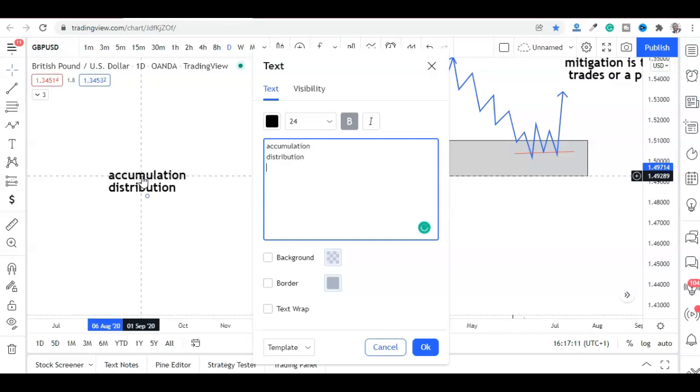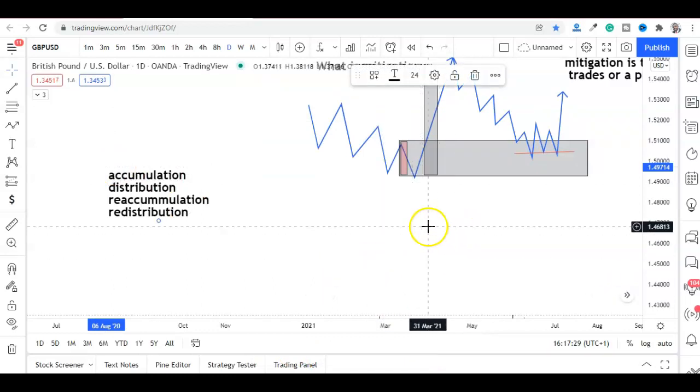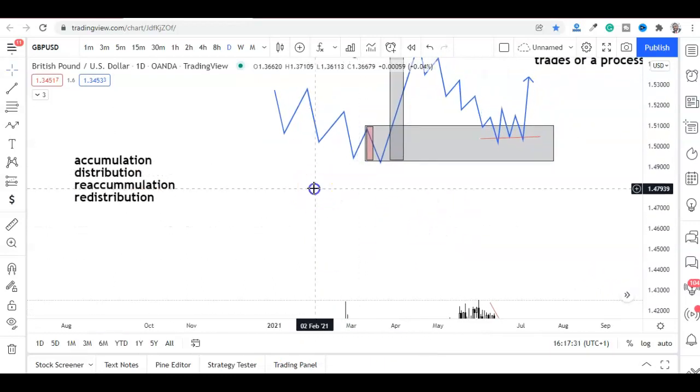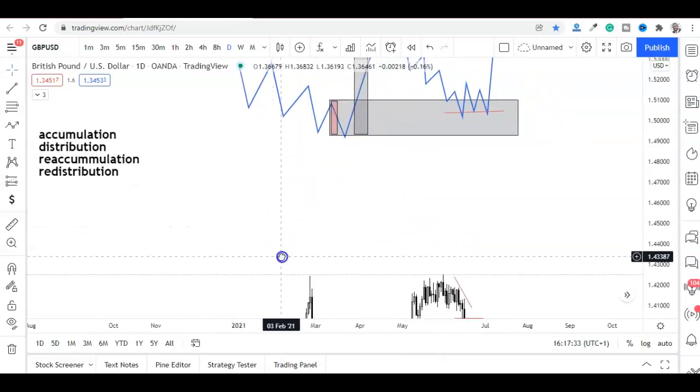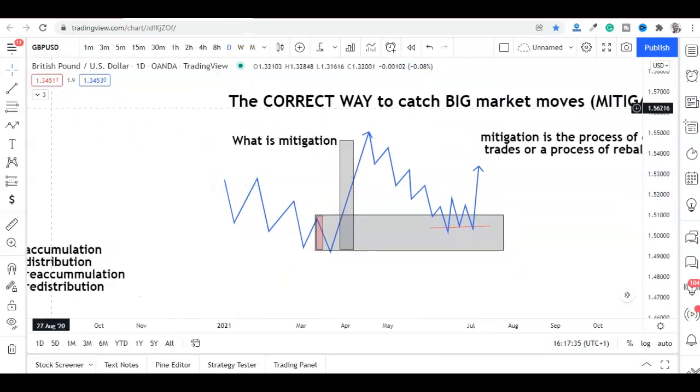The next one is area of reaccumulation. And the last one is redistribution. Reaccumulation and redistribution, I will explain. Stay with me, please. Now, let me remove this.